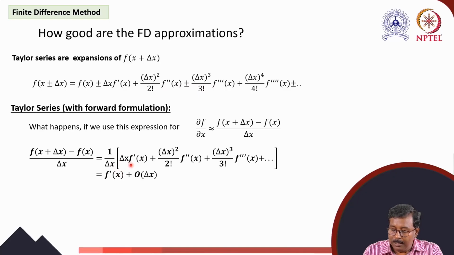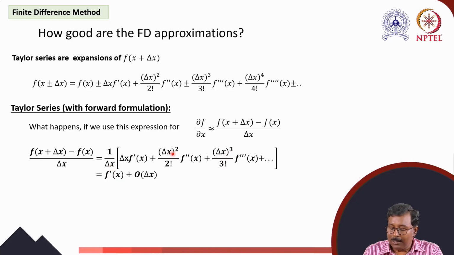If we simplify, the delta x cancels with the first term on the right hand side, so this becomes f dash x plus other terms that we have neglected. So what amount of error did we actually neglect? If we divide delta x whole square by delta x, this will be delta x. So delta x by 2 factorial into the f double dash x term is neglected. We have neglected the next term also, where delta x cube divided by delta x gives a delta x square term.